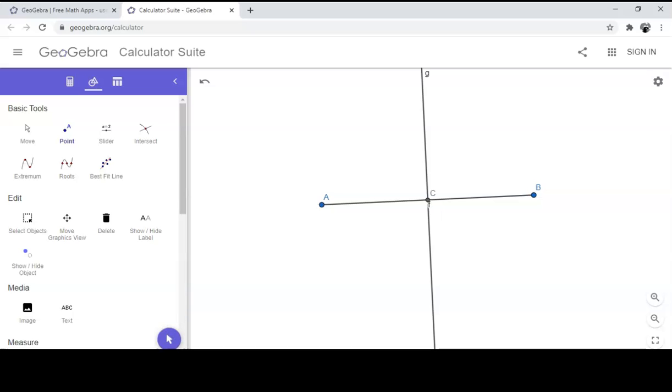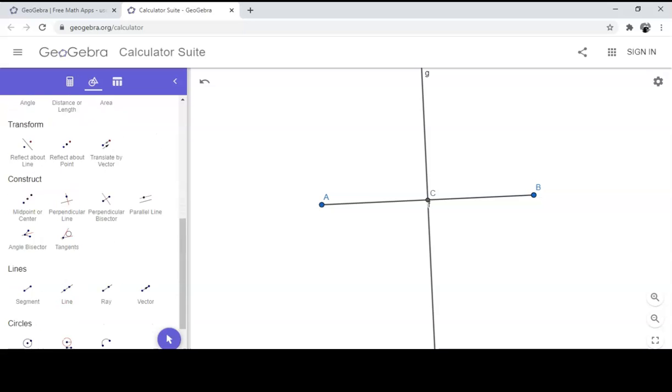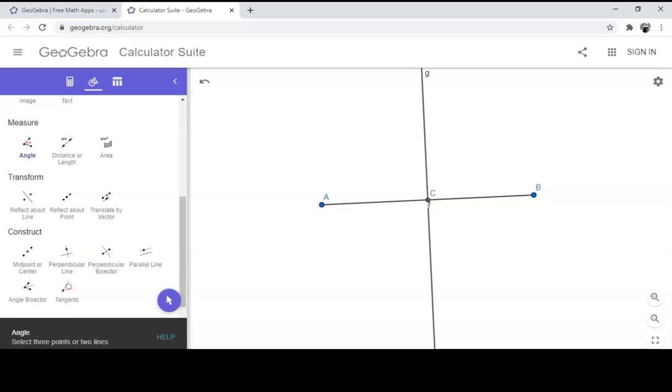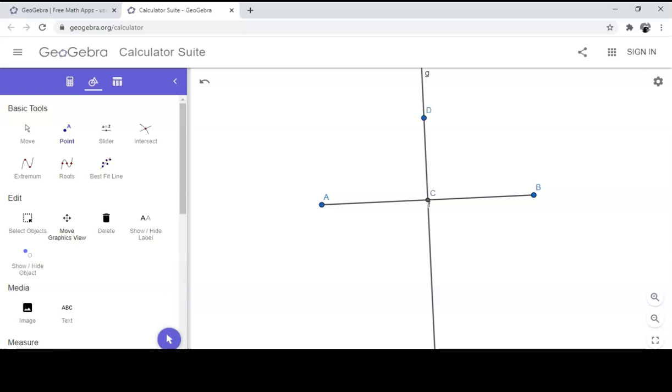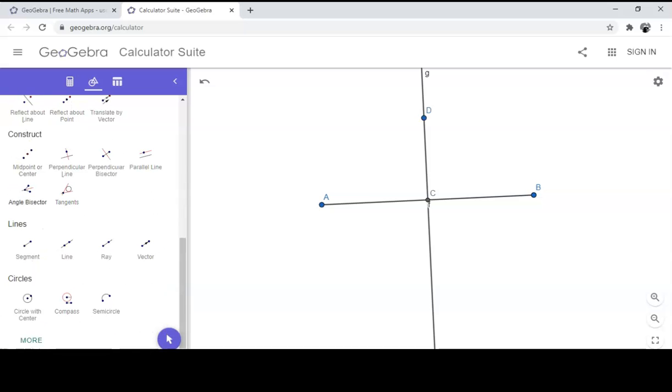Now, given that it's the perpendicular bisector, this does mean a few things, right? Since it's perpendicular, the angle that is formed here... I'm going to put a point on the perpendicular bisector, that will just give us the ability to measure the angle for now.